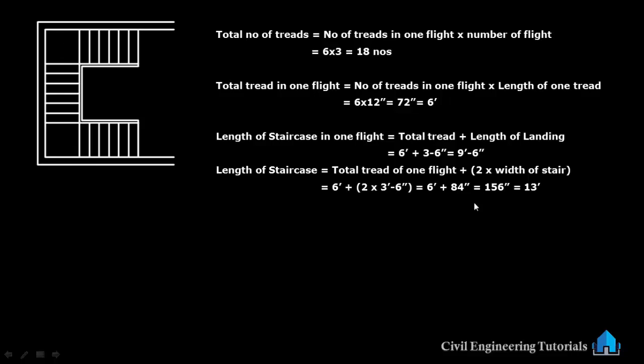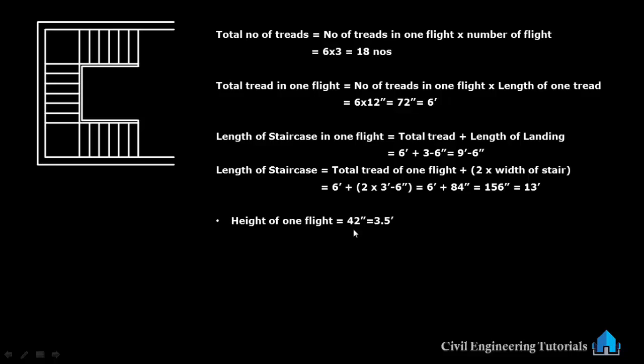What is 3 feet and 6 inches? That is the staircase width or landing. We have 2 landings or 2 staircase widths. So that is 6 feet plus 84 inch, that is 156 inch or 13 feet. This is the 13 feet staircase length.